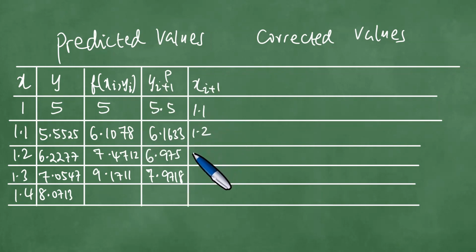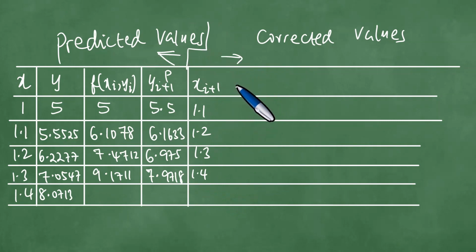1.2 here, 1.3, 1.4. Next, so these values here in this direction are the predictor values, and these ones are the corrector values.